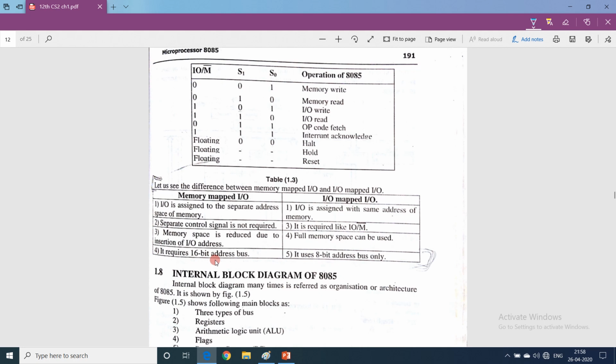Here a separate address bus of 16-bit is required. Okay, so this was the difference between memory mapped IO and IO mapped IO. In 8085, which method is used? IO mapped IO, which is an efficient method when compared to memory mapped IO.